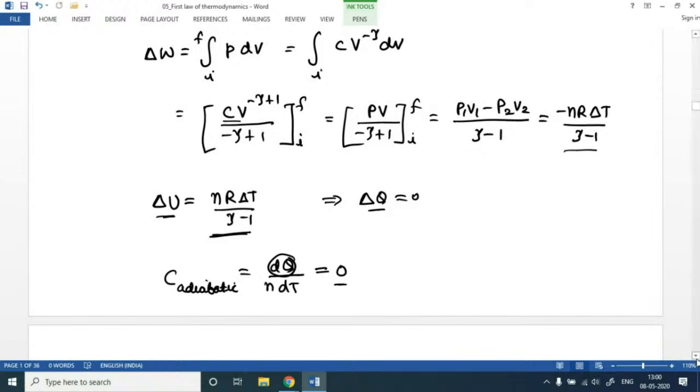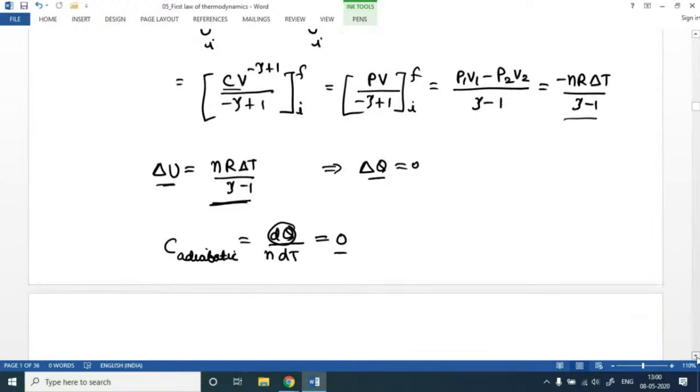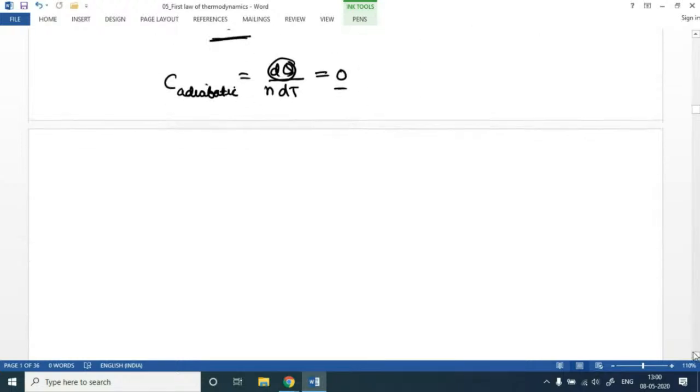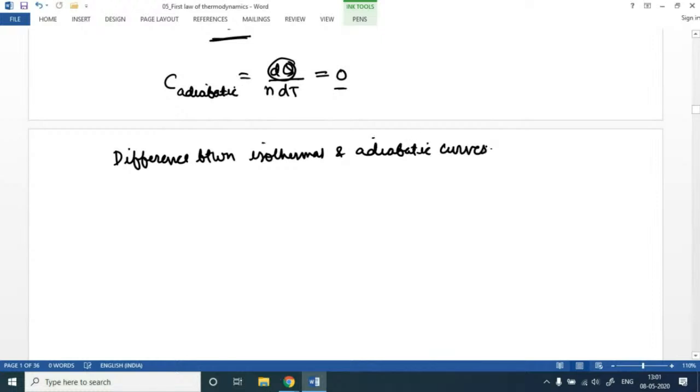And one more thing I want to notice here is the difference between isothermal and adiabatic curves, because both of these curves are going to look very similar.